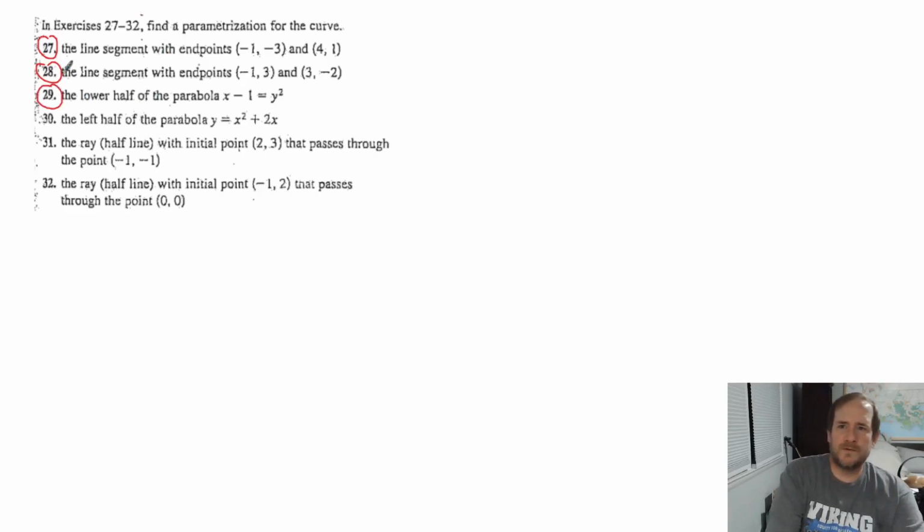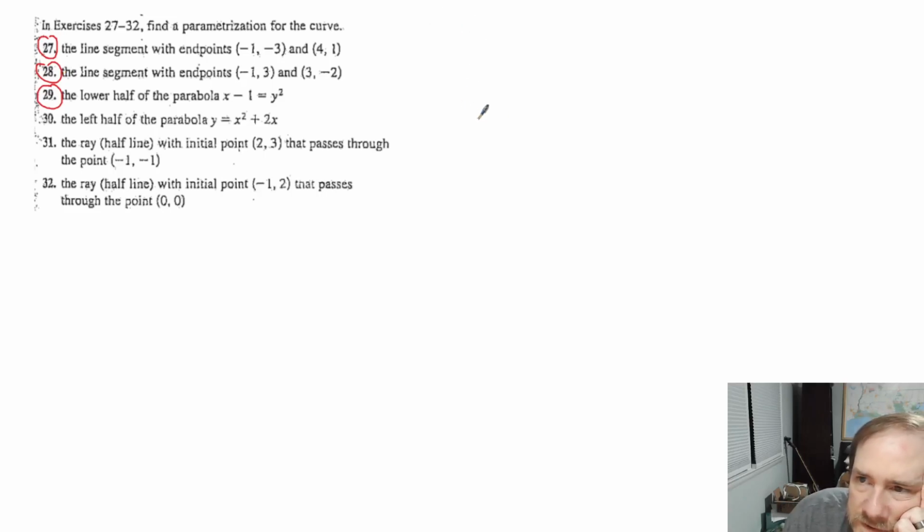It says we want to parameterize the lower half of the parabola. All right, how do I do that?